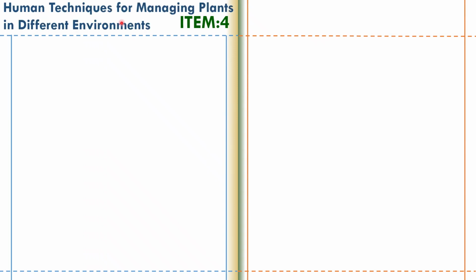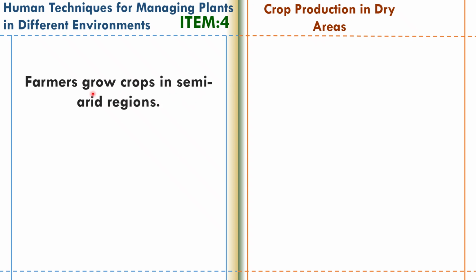Human techniques for managing plants in different environments. Item 4. Let's look at crop production in dry areas. Farmers grow crops in semi-arid regions.